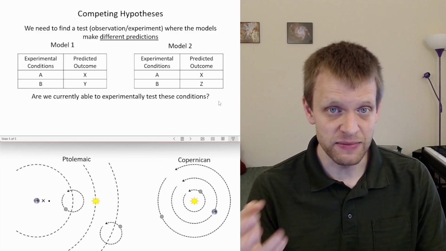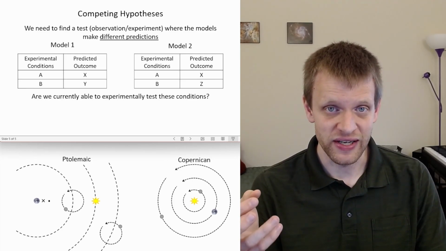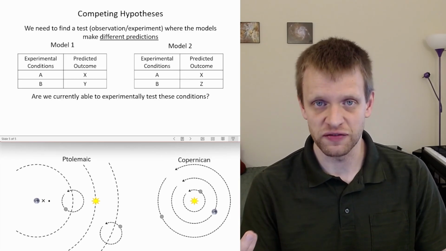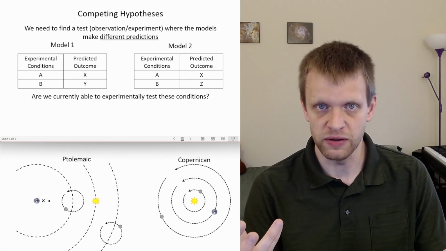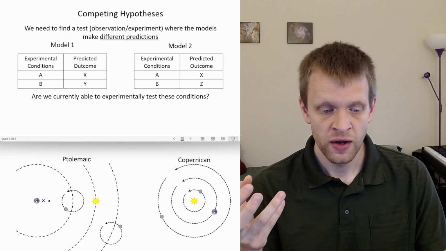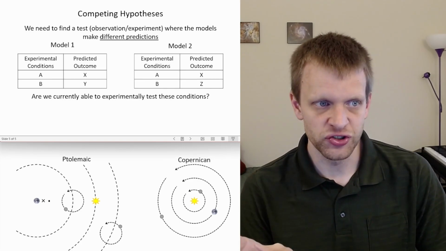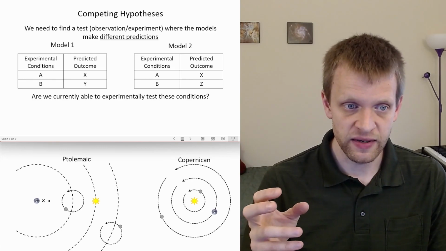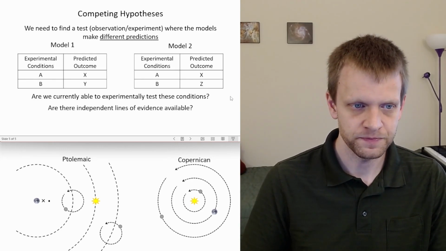So this is a limitation on things like string theory, where we don't have the ability to test the conditions where those models would make different kinds of predictions.